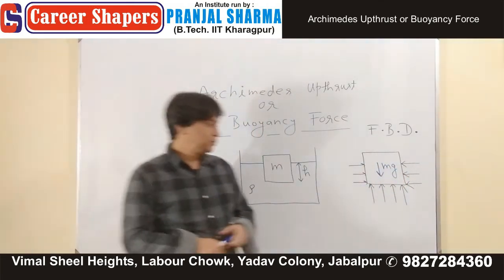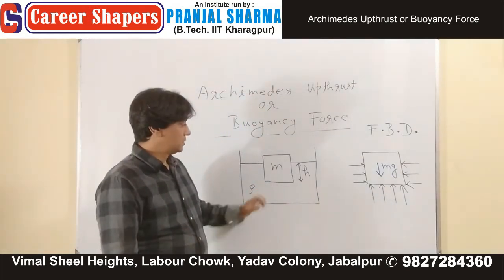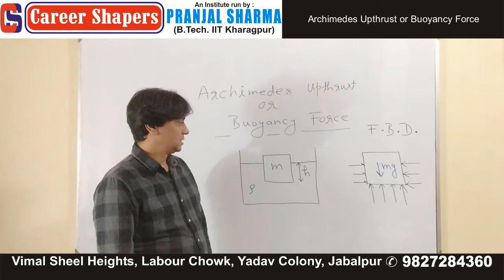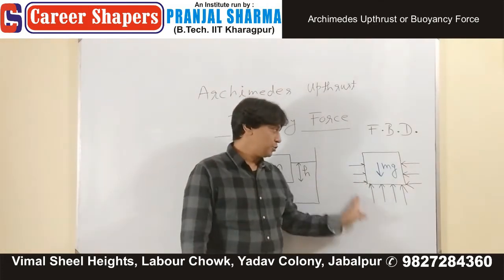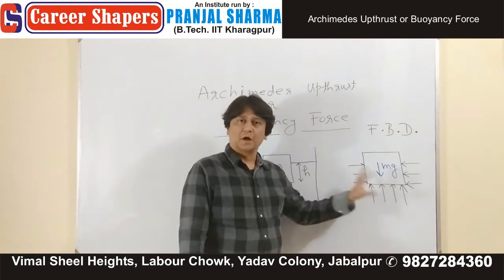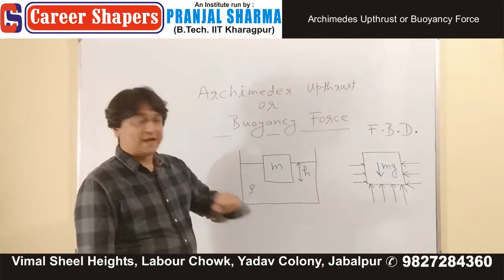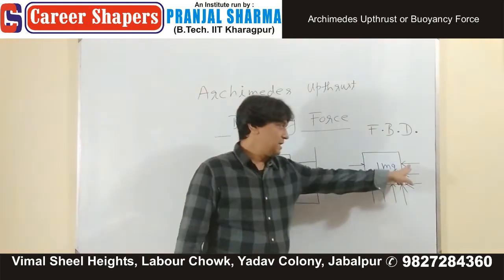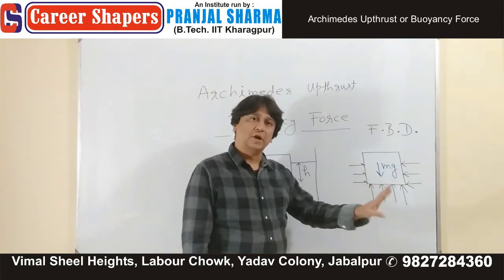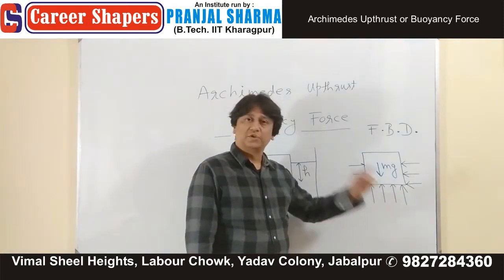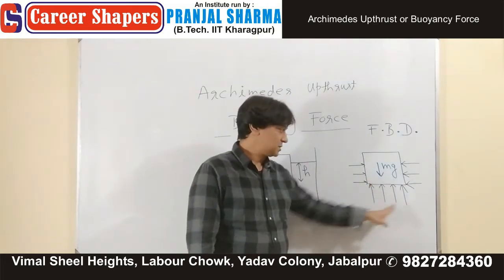All the forces which you see in black, they are coming from the liquid only. On this object, these are the forces shown in black. They are coming from the liquid. You all can see that this will be cancelled by this, and therefore only force which is effectively present on the body is this.